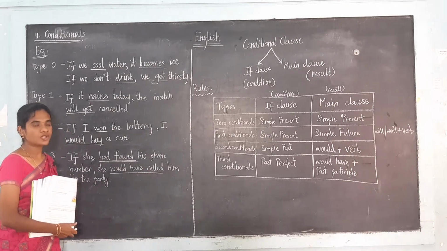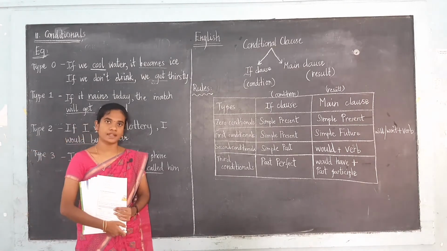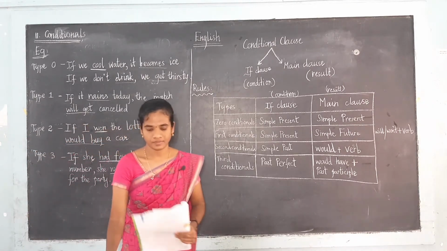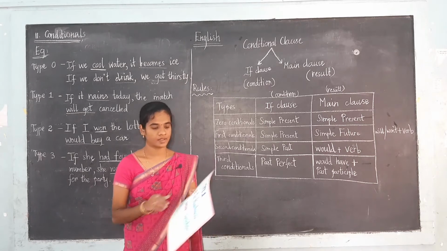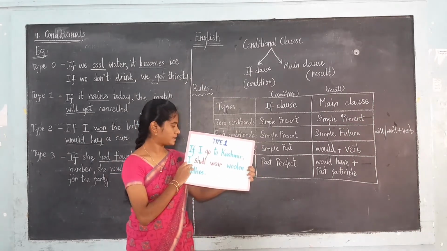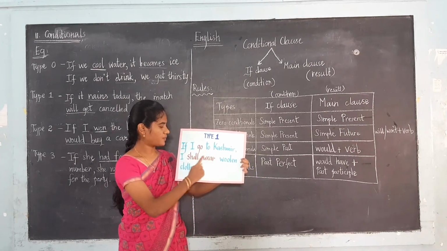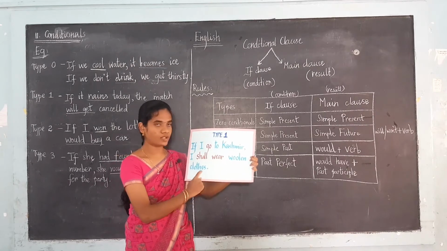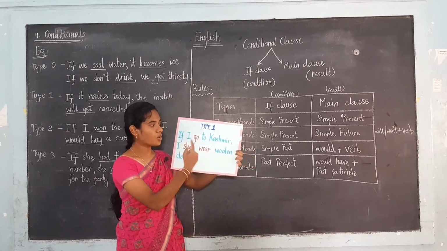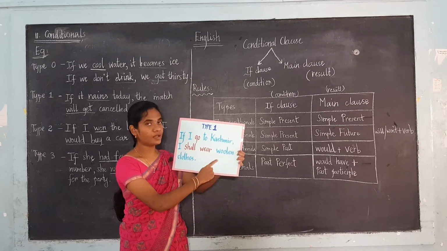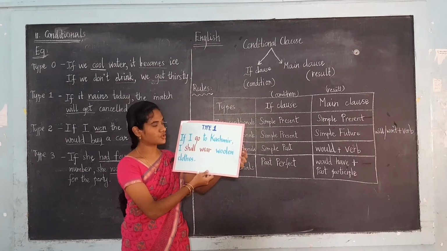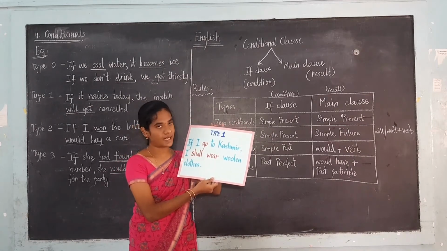So now I will show you some example sentences for you. Now see the sentences. If I go to Kashmir, I shall wear woolen clothes. See the structure. So these are the examples of the type 1.